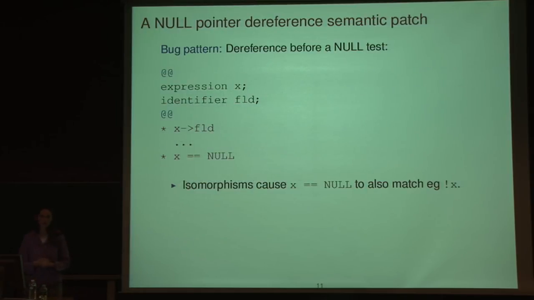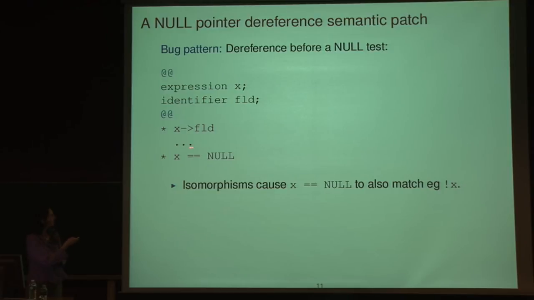If we want to specify finding these kinds of bugs using our notation, basically we have the basic idea, which is that you have a dereference and then you have a null test. So what I have made is a pattern here. We say X is going to be an arbitrary expression, and field is going to be an arbitrary field name, any kind of identifier. This should come at some point, and then somewhere later in the code, the null test should appear.